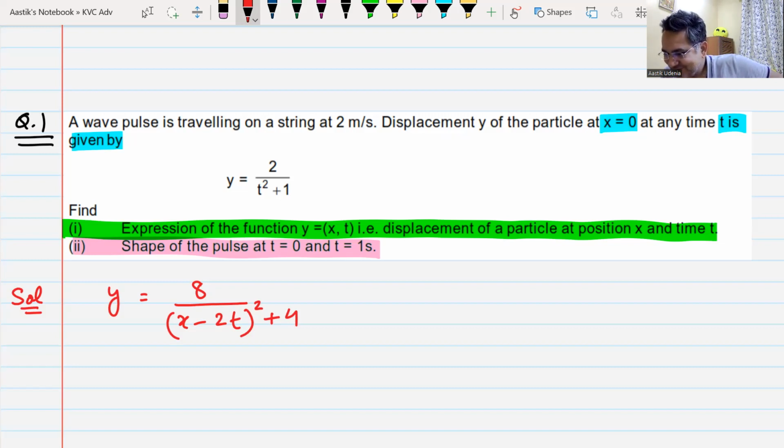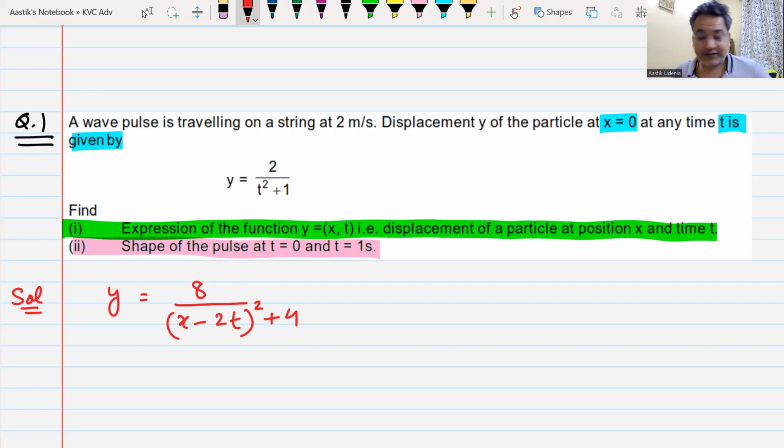Before, it would be some kx minus t or t minus kx whole square plus some constant. So I have substituted k in place of that constant. So I got this. Great. Well done. Good. I'm really happy that you could do this.